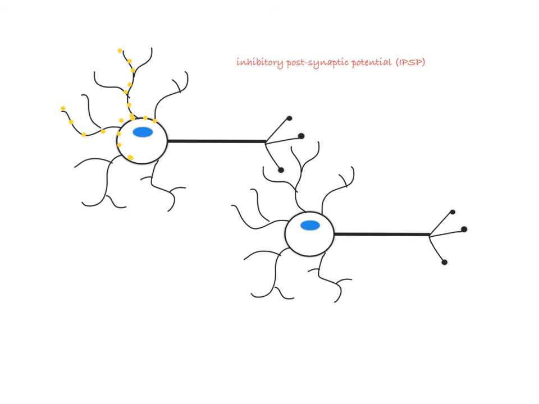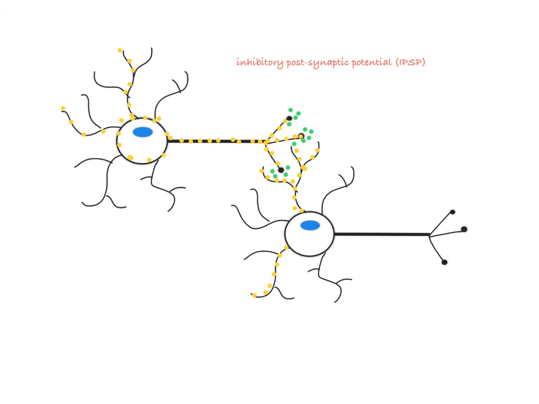So alternatively, if that neuron is going to get a whole bunch of electrical activity saying that it's okay, that it can fire, and it releases a neurotransmitter that is an excitatory neurotransmitter, the changes that it causes in the other neuron's membrane are going to be positive changes, so it's going to increase the potential.